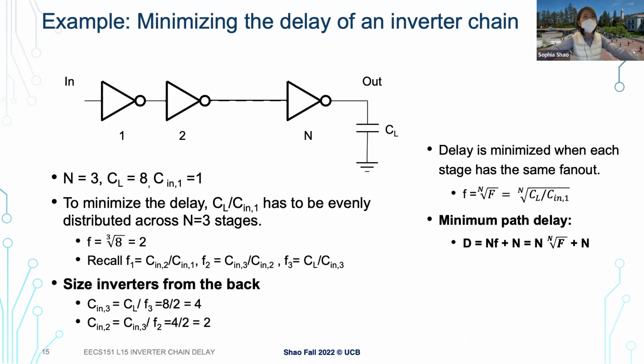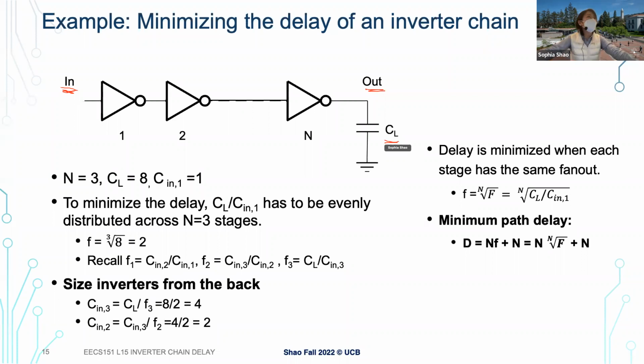Okay, good. Any questions, comments about our delay? So now you see what, Brendan? Yeah, if C in in this case were higher than CL, what property? Oh, you mean if this C in is significantly higher than the load capacitance?